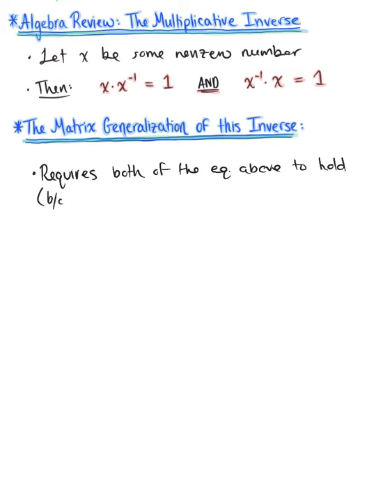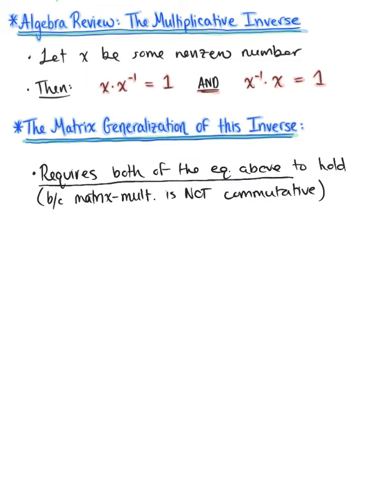Well, we need both equations to hold true because we know matrix multiplication is not, in general, commutative. So we need both of those equations above in terms of matrices to hold true.